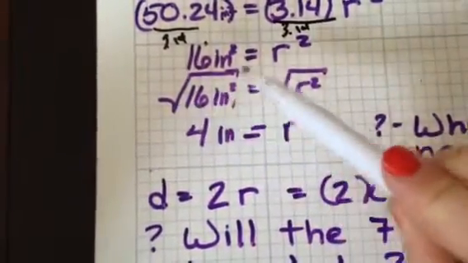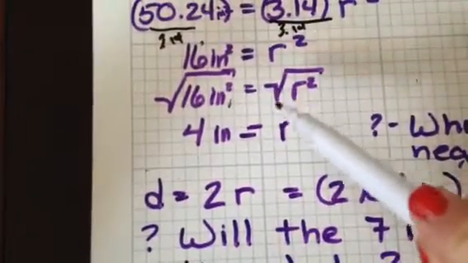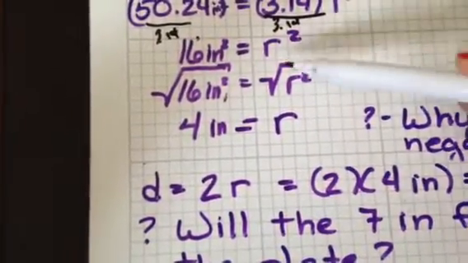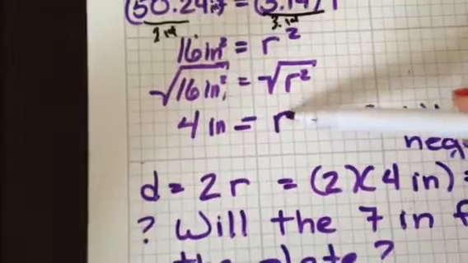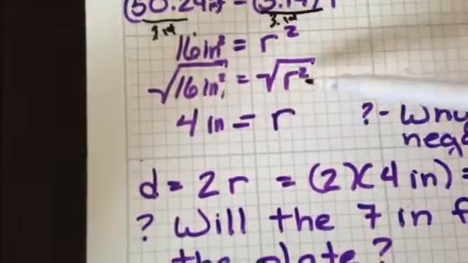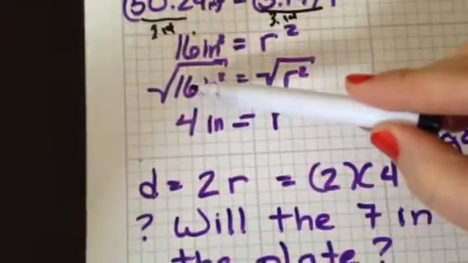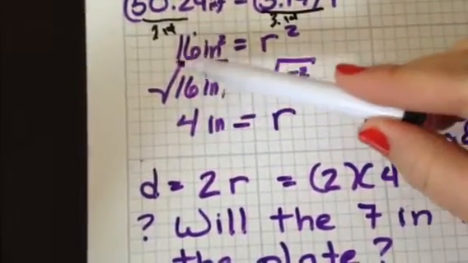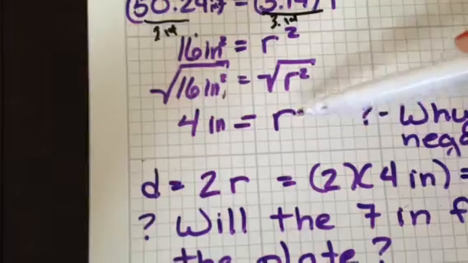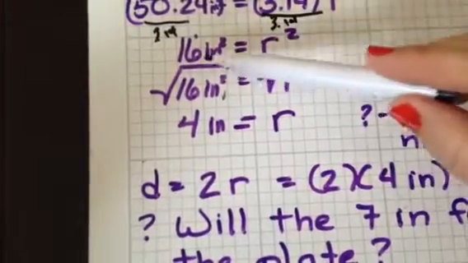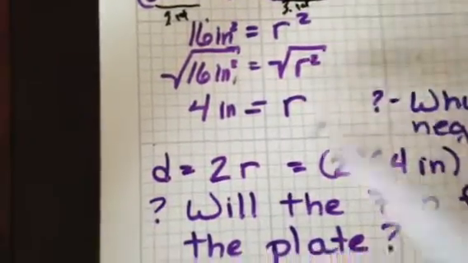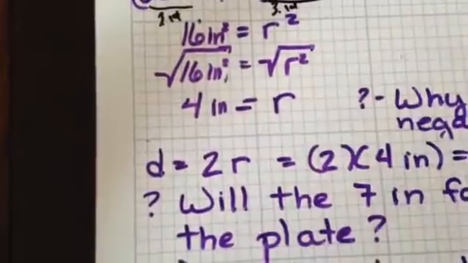So the square root of 16 inches squared is equal to the square root of r squared. Now remember, the square root of a square is just that value. So the square root of r squared is r. The square root of 16 is 4. And the square root of inches squared, just like we did here for r squared, is going to be inches. So r is equal to 4 inches.